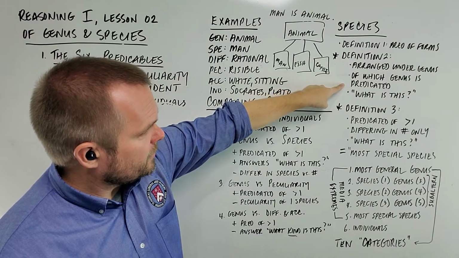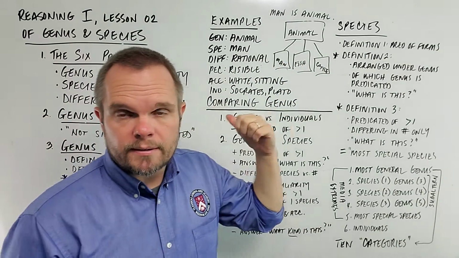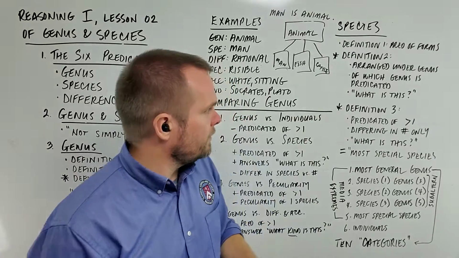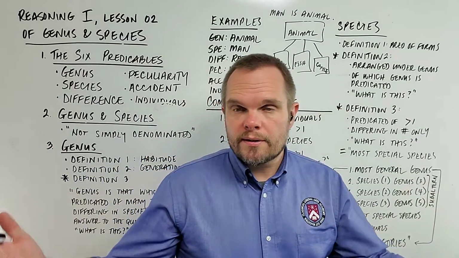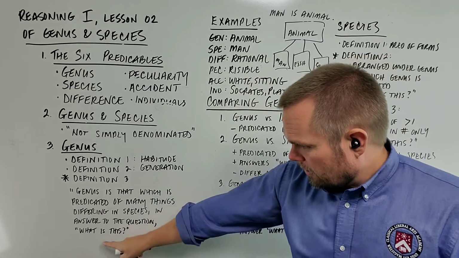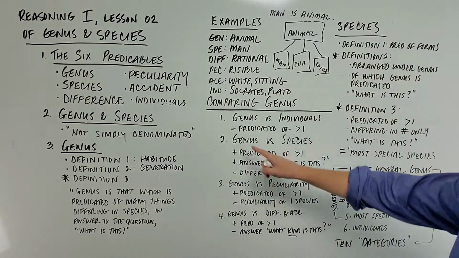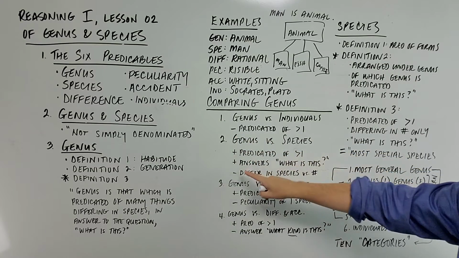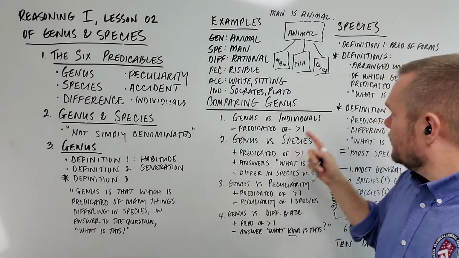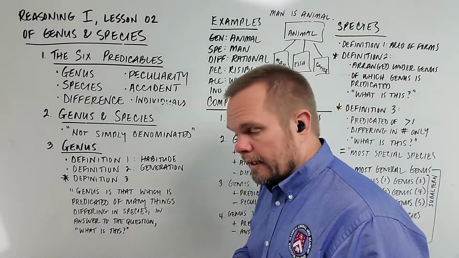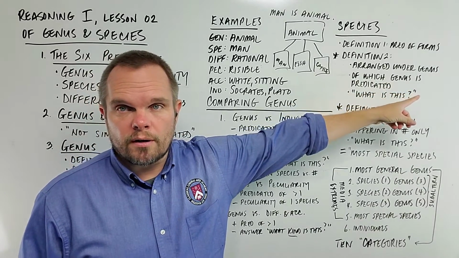That of which genus is predicated is species. That's the same meaning that we've been working with. Thirdly, it answers the question, what is this? Perfect. We said that genus is like species in that they both answer the question, what is this? Good. That second definition is good so far.